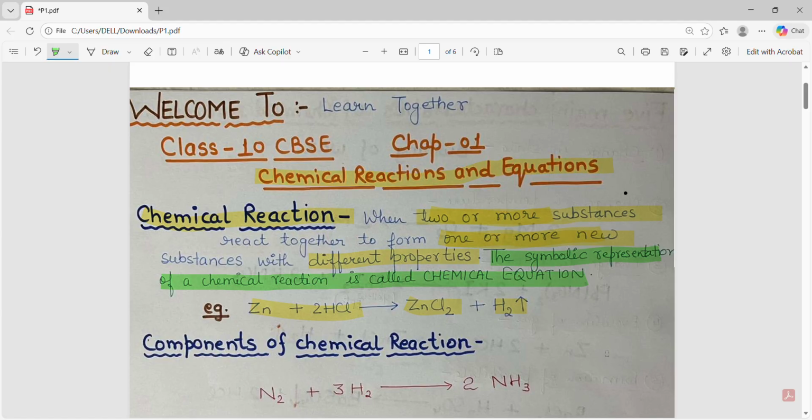This is a question generally asked in CBSE board exams: what do you understand by chemical equation? The one-liner answer is: the symbolic representation of a chemical reaction is known as a chemical equation.